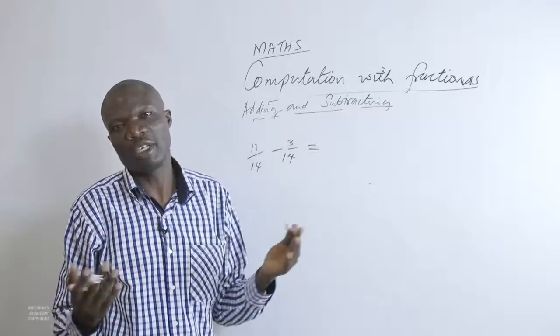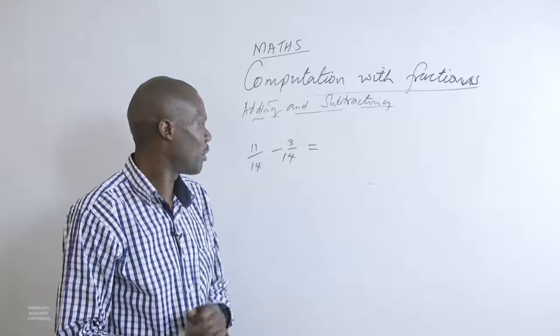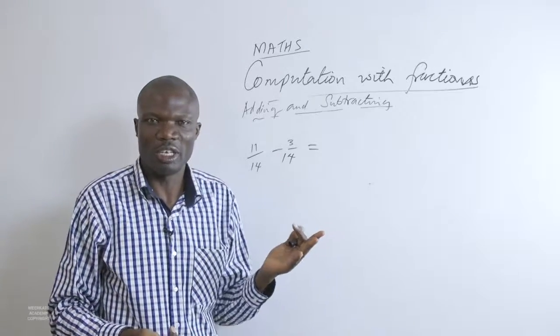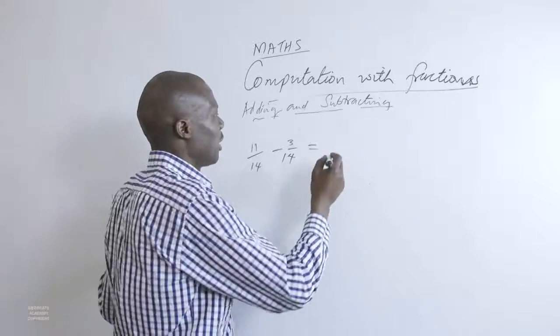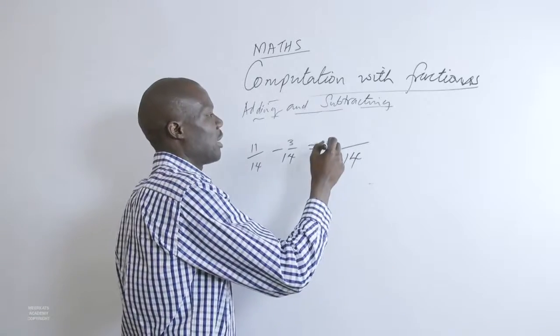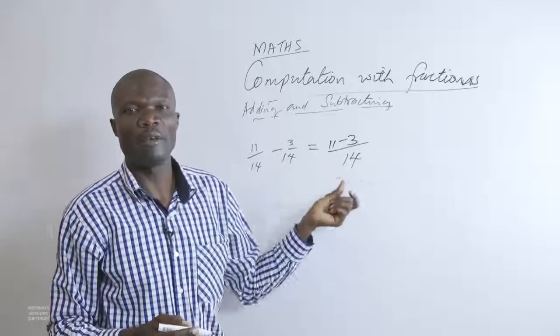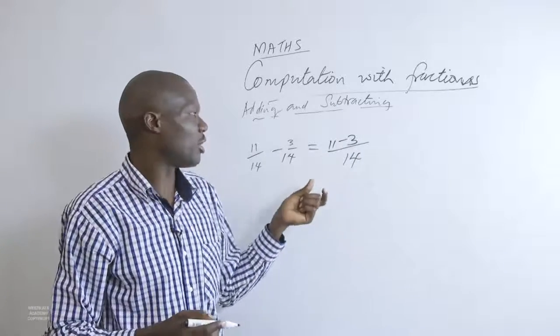What is the denominator for both fractions? You notice the denominator is 14. Maintaining 14 as the denominator, we keep 11 minus 3 as the numerator because they have a common denominator.